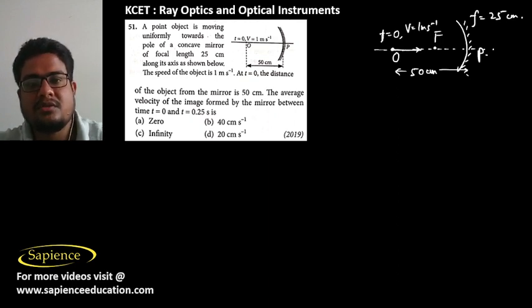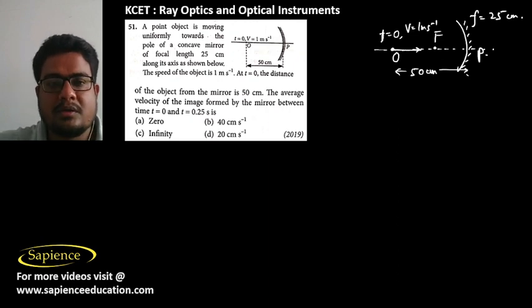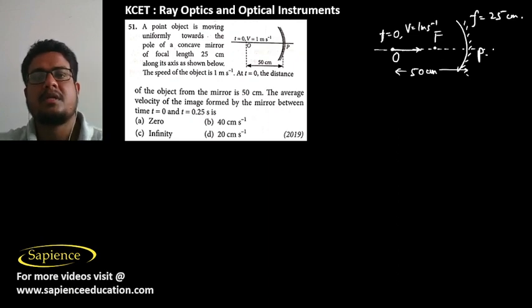The average velocity of the image found by the mirror between t equal to 0 and t equal to 0.25 seconds.